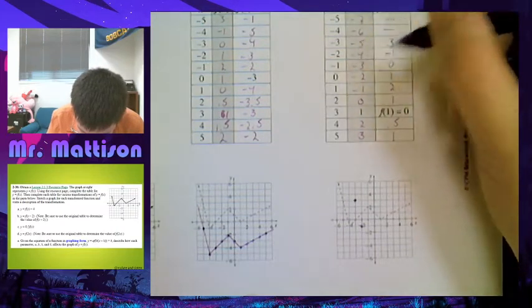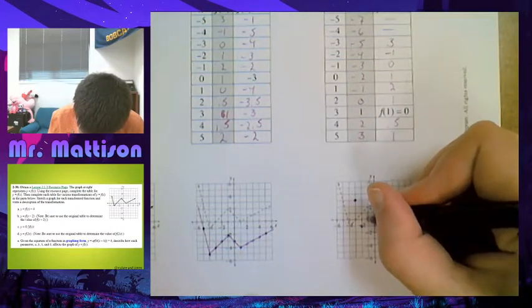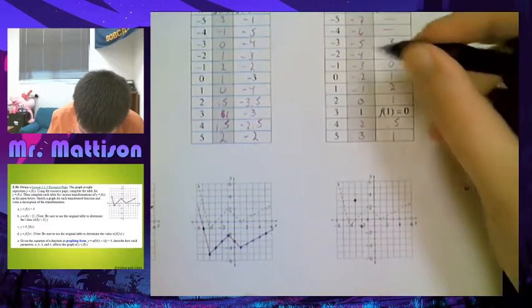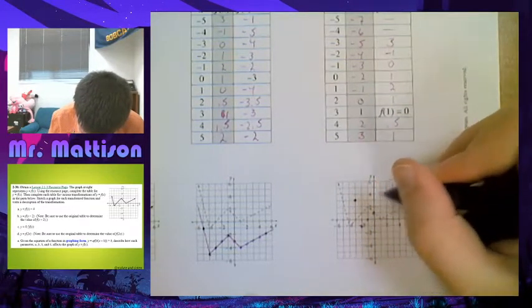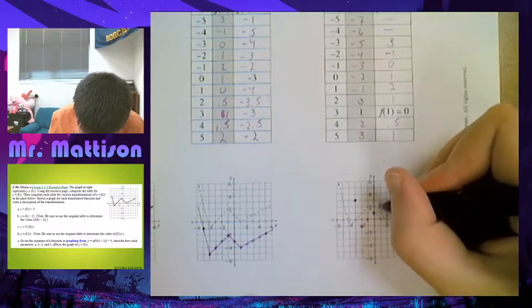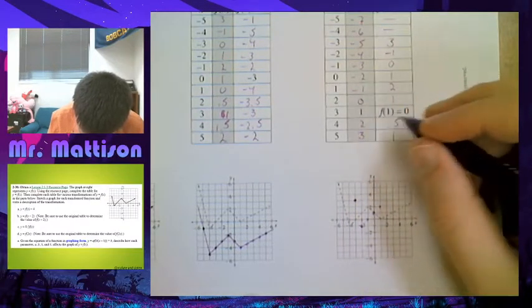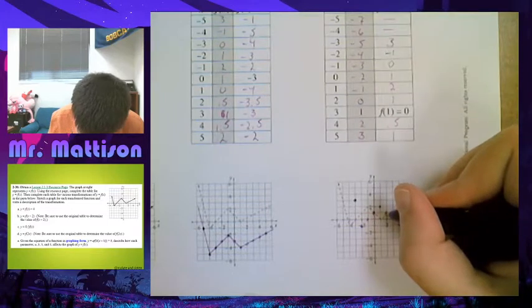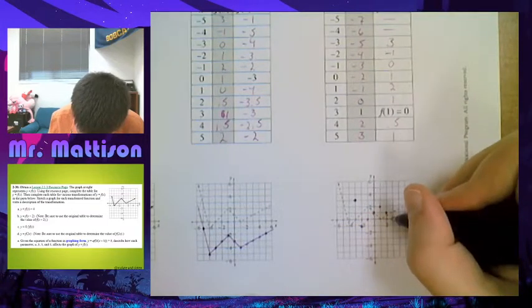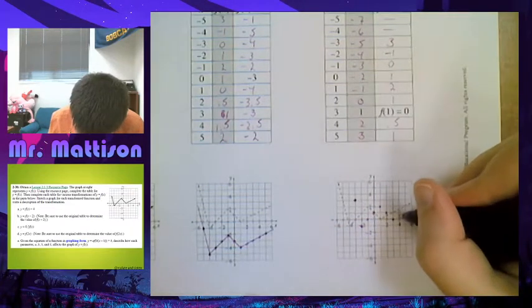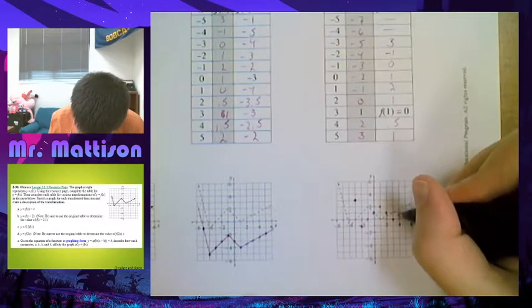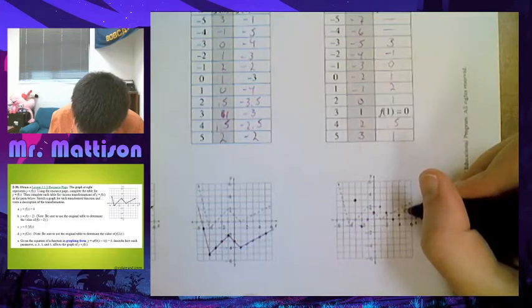The point negative 1, 0. 0, 1. 1, 2. 2, 1. 3, 0. 4, 5. And 5, 1.